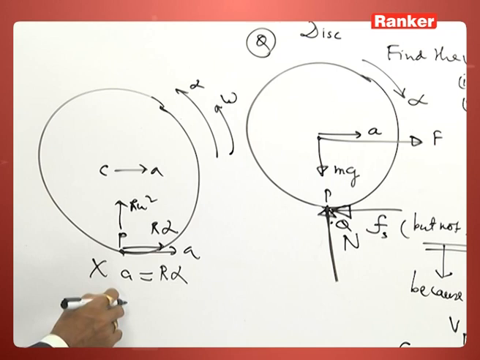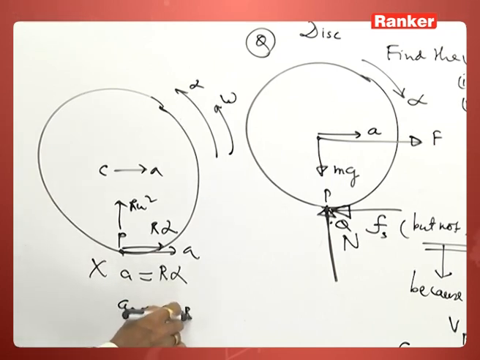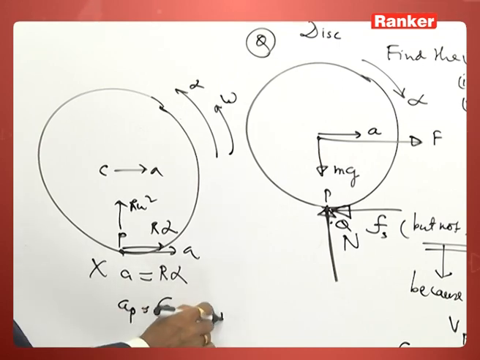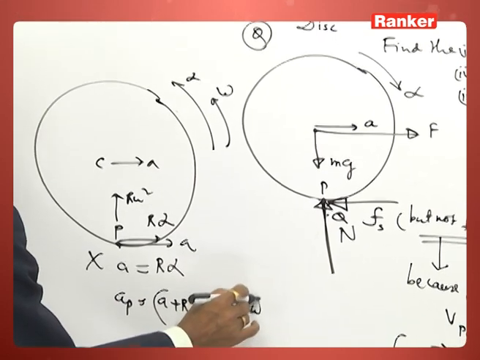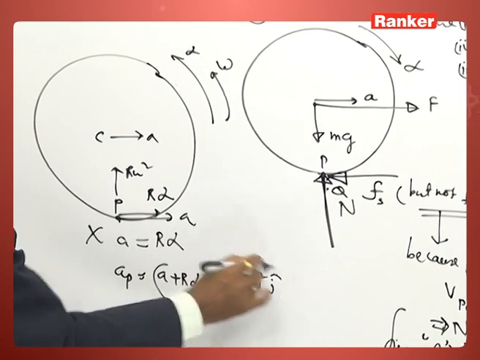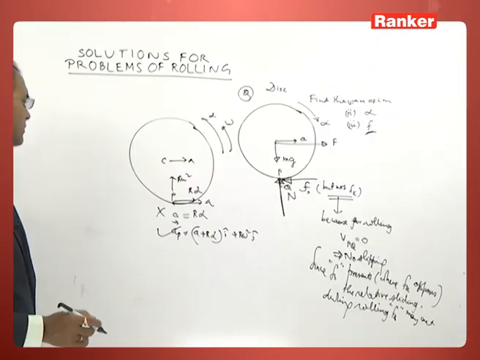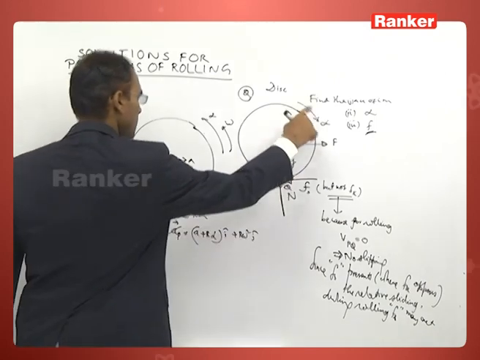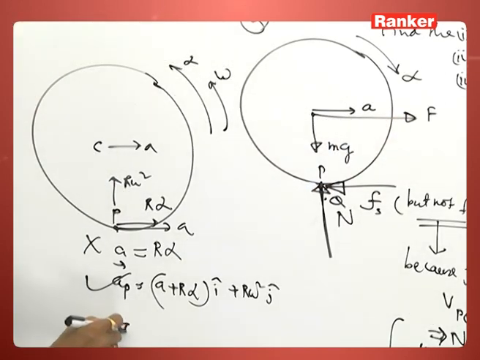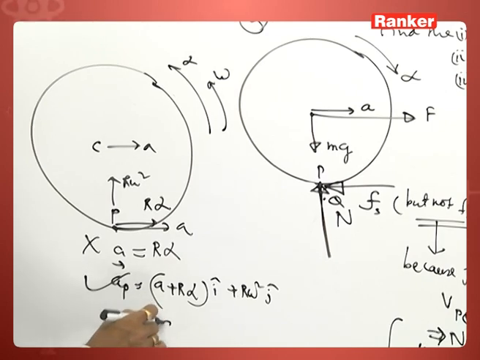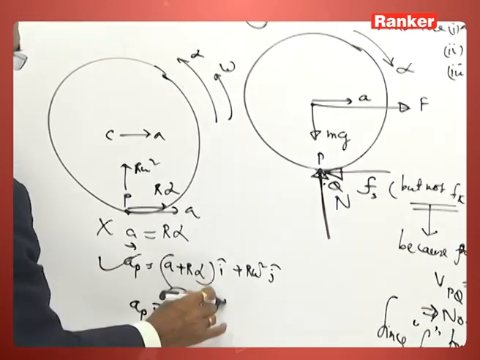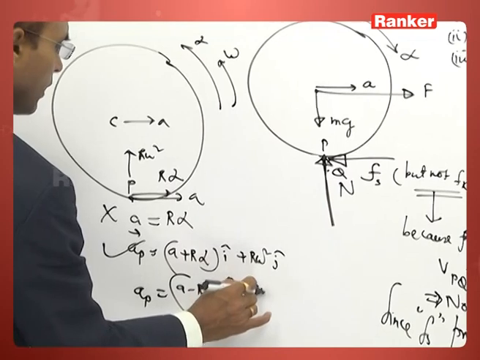Then you can write: with this assumption, the acceleration of this point is A plus R alpha i cap plus R omega square j cap. With the other assumption, the acceleration of this point will be A minus R alpha i cap plus R omega square j cap.